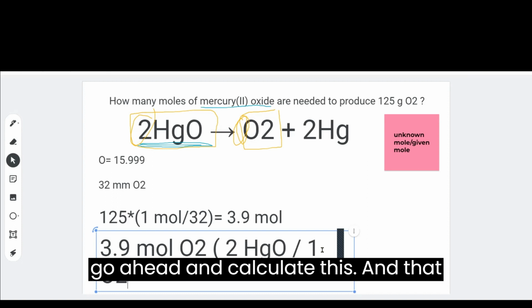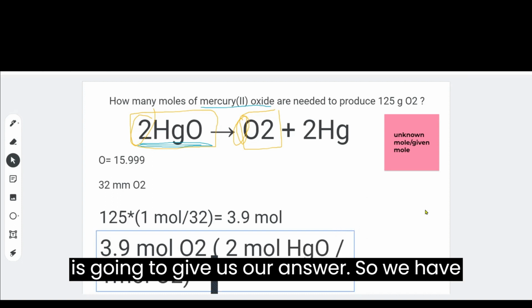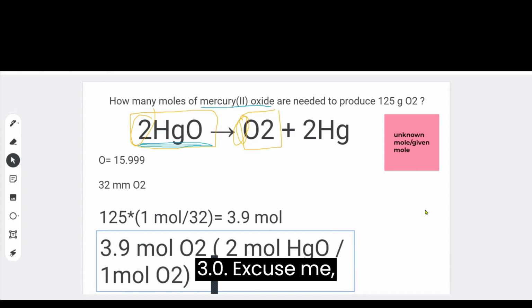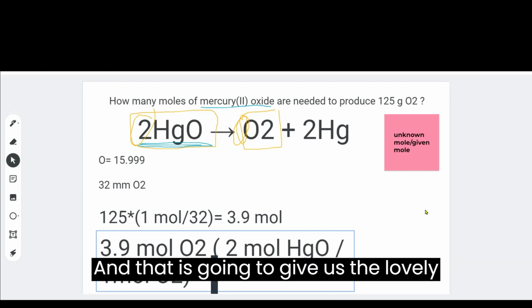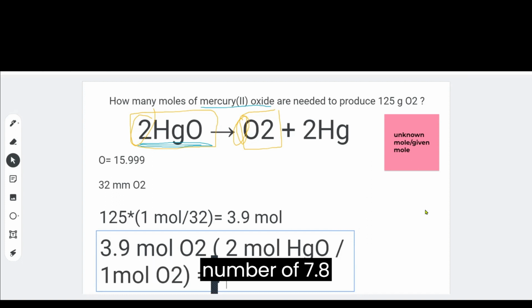So we're going to go ahead and calculate this, and that is going to give us our answer. So we have, excuse me, not 3.09, we have 3.9. We're going to plug that into our calculator, 3.9 times 2 over 1. And that is going to give us the lovely number of 7.8.